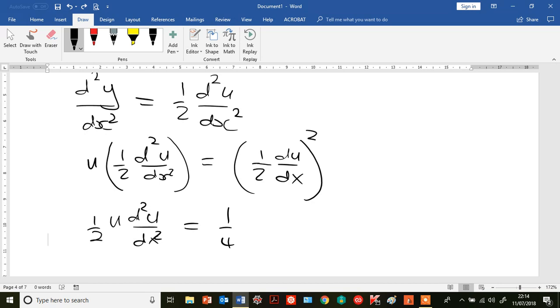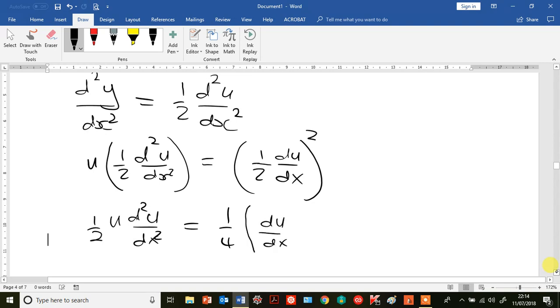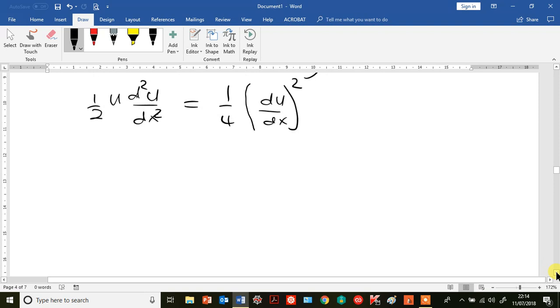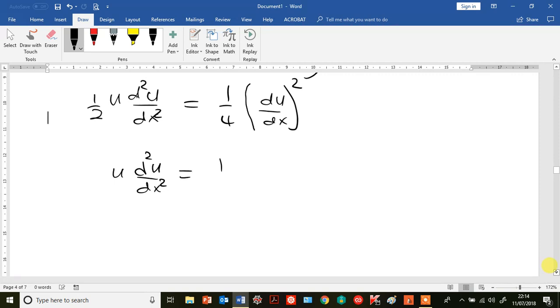Right, okay. So a quarter times (du by dx) all squared, and of course that simplifies to give u d squared u by dx squared equals a half of (du by dx) all squared.